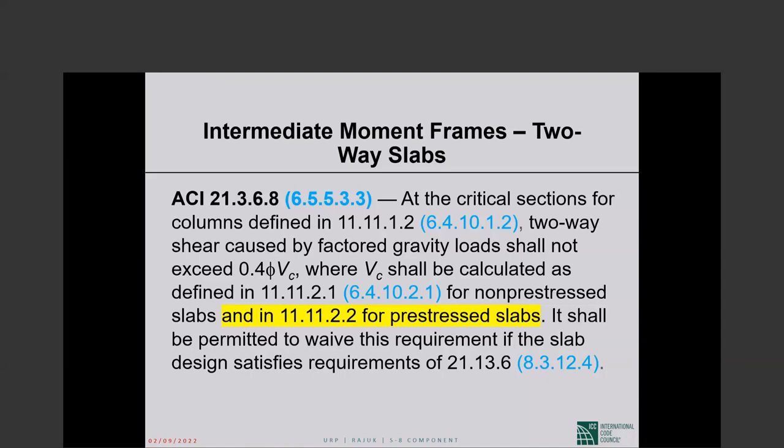That will leave ample room for additional punching shear caused by moment transfer. Okay, I think that should be pretty clear. Phi is 0.75. V sub C is given by three different formulas, and the smallest one governs.